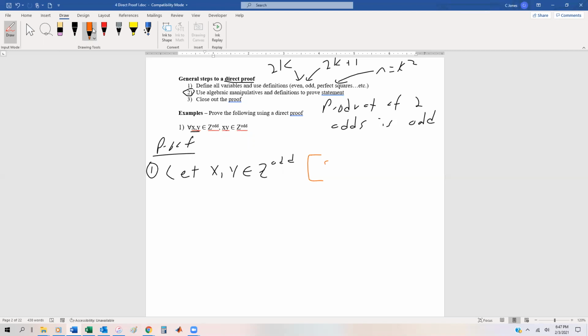You could say such that x and y are arbitrary but particular. And just to clarify what that means, it means that x and y can be any odd integers, but they can only assume one value at a time.